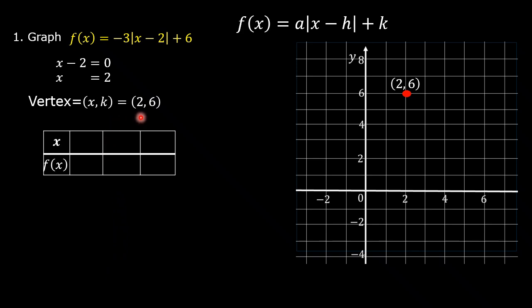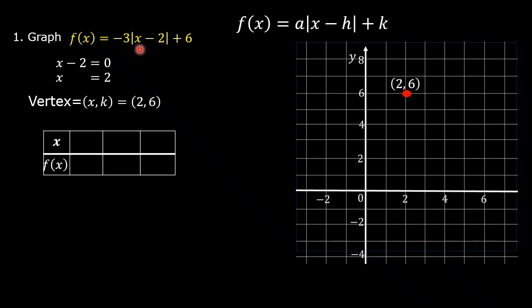When x is equal to 2, f of x is equal to 6. F of x is equal to k if x is equal to 2, because if we substitute 2 for x here, this will be 2 minus 2, 0, times negative 3.